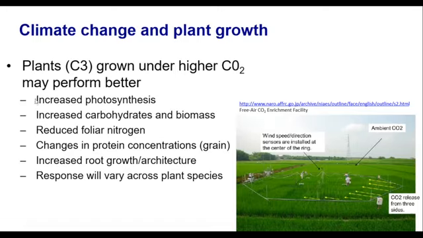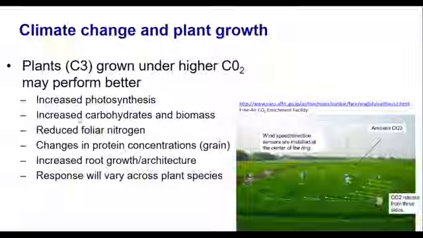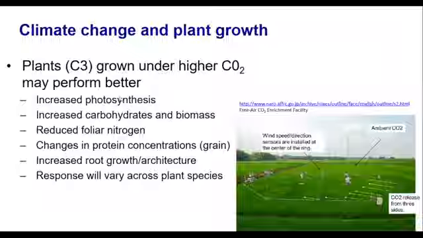The studies which have been done in cabinets and sometimes even in open air, in these sophisticated experiments where they're actually releasing CO2 to increase the CO2 in that plot, and then measuring plant growth parameters. There may be increased photosynthesis, increased carbohydrates and biomass, but also reduced foliar nitrogen.